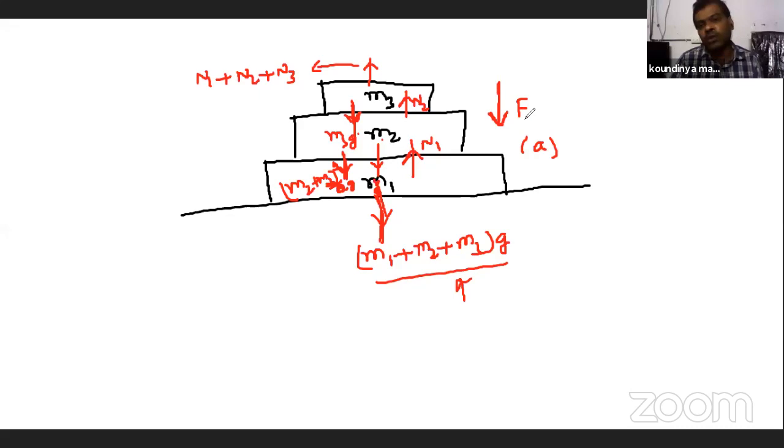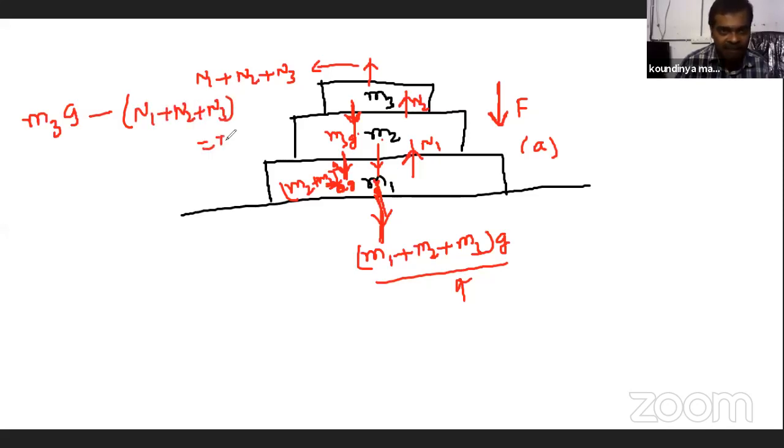Due to this force, we will have the motion of the object or item, whatever it is. Since it is moving downwards, the downward force is more than the normal force. So I can write it as M3G minus the normal force N1 plus N2 plus M3 is equal to M3A, right?